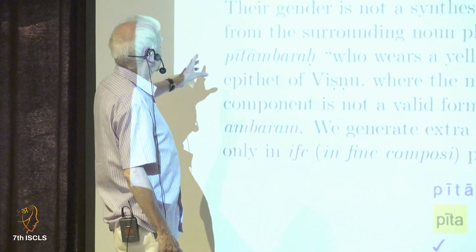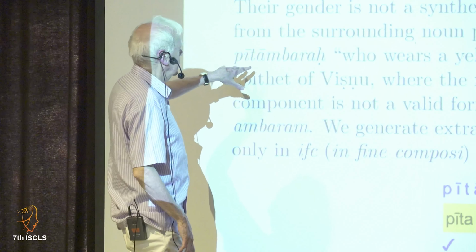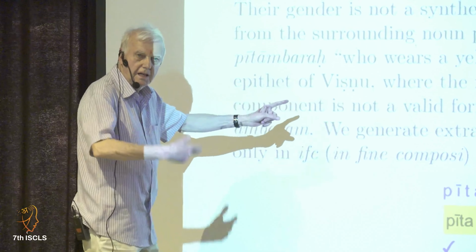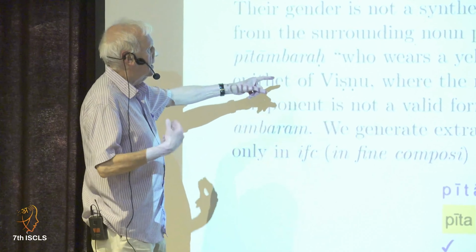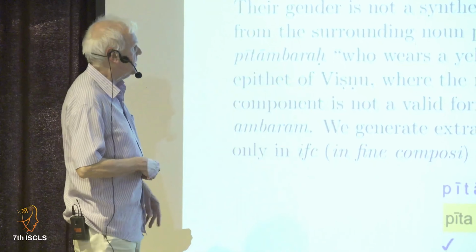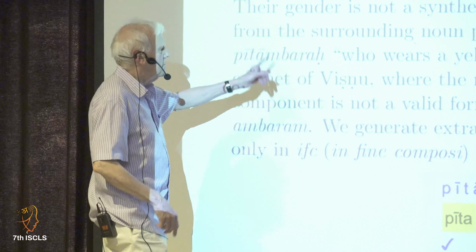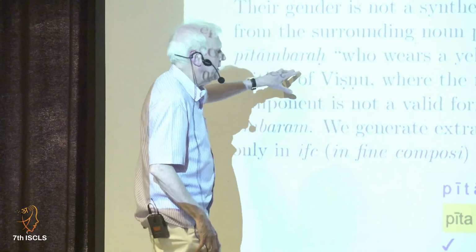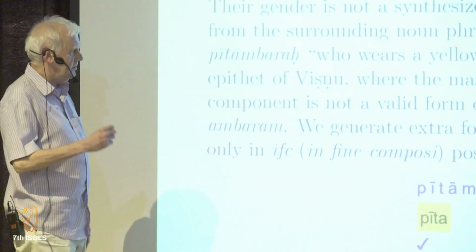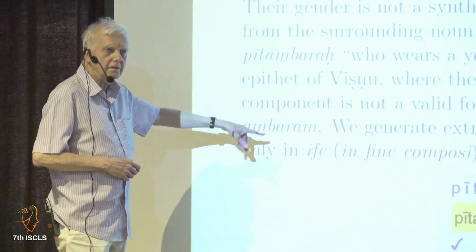It's not a cloth which is yellow. It's he who wears a yellow garment. And so you have to assign it the gender masculine or feminine. Here it's masculine. Typically this is an epithet of Vishnu. But this masculine form, ambaraha, of its right component, it's not a valid form of the neuter substantive ambaram. Okay, this is not a correct form.